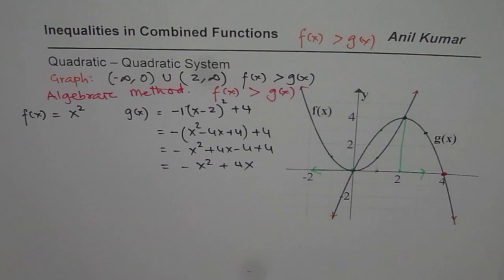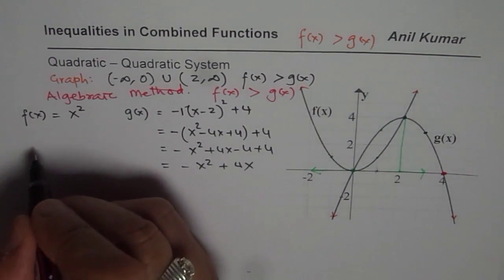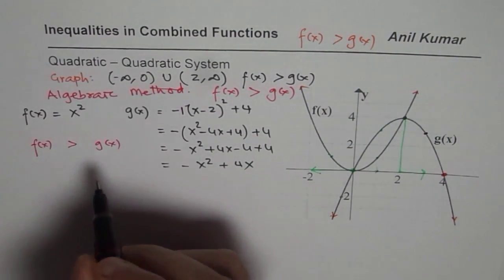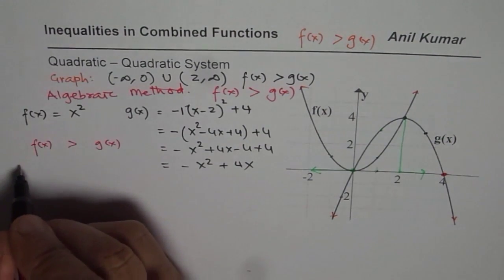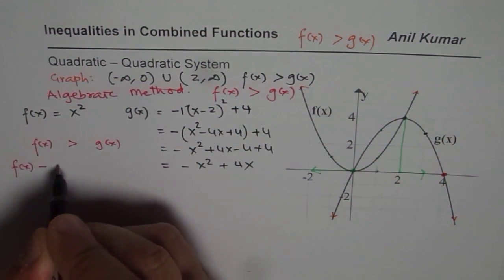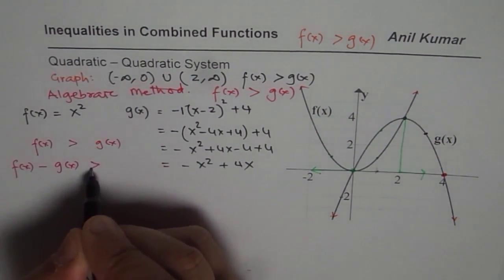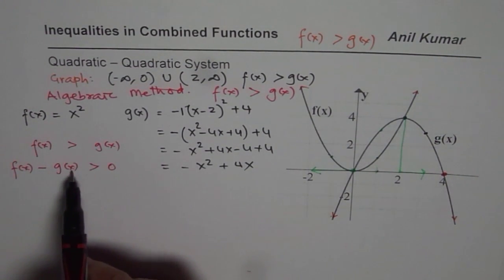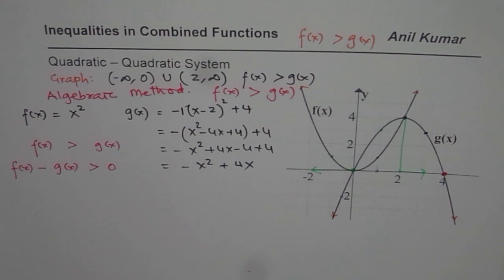You could get them either way you like. Now let us solve the inequality f of x greater than g of x. Remember, we can also rearrange this and write it as f of x minus g of x greater than 0. Both are the same thing. So let us use f of x minus g of x greater than 0 and then solve.